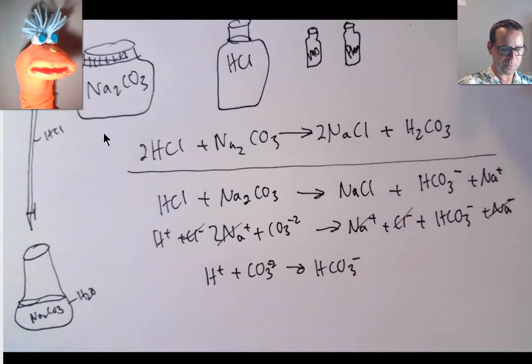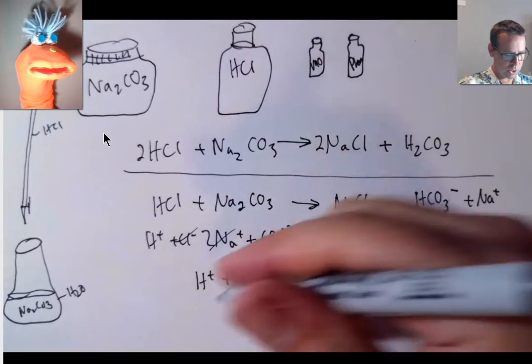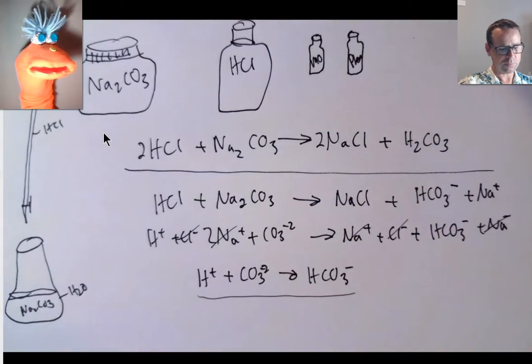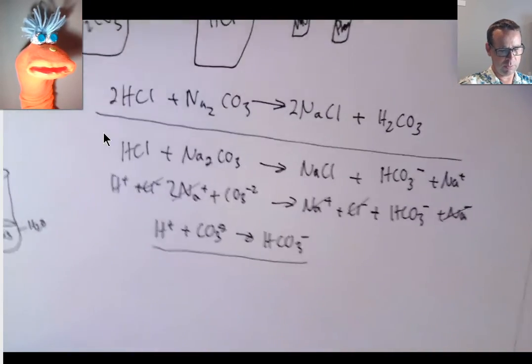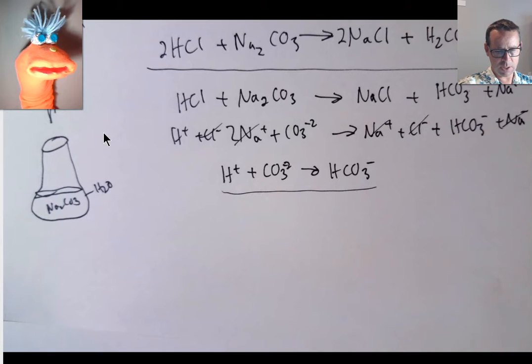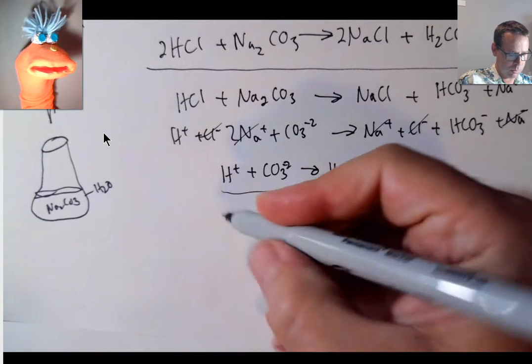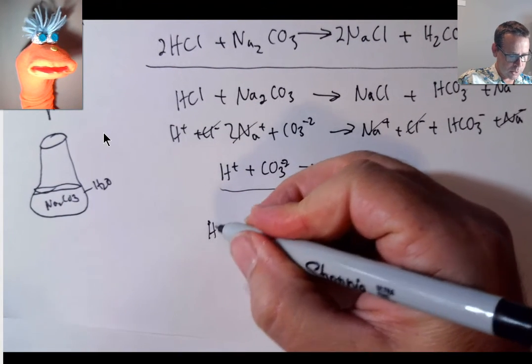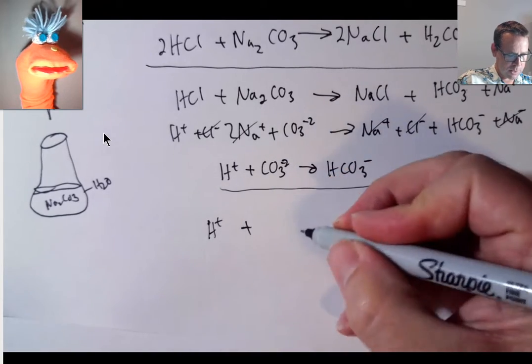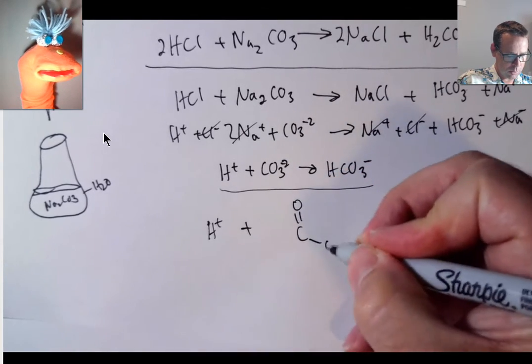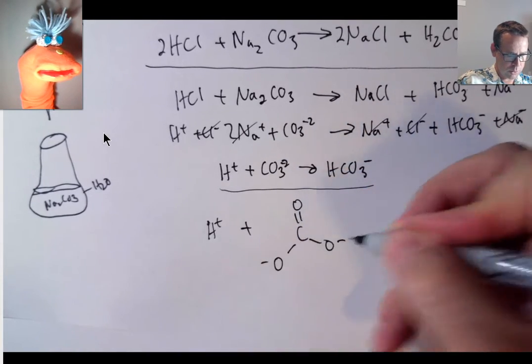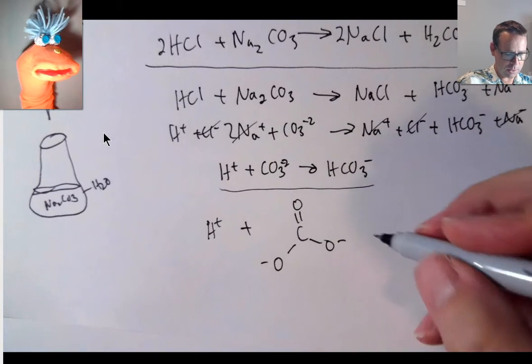So let's think about this more molecularly, okay? Let me draw a picture of this equation in a kind of molecular image of what's going on here. So I have the hydrogen ion, which I'll just write as H+, and I have CO3 with 2 negative charges on it, right?